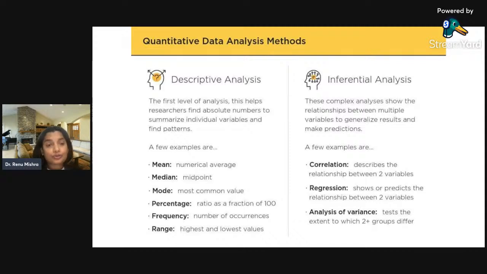Now, you use ANOVA, analysis of variance, when you want to understand how much two groups differ from each other. One community is more towards social volunteering, another is less. How much less or more? That you will get from inferential analysis by using ANOVA. Okay.